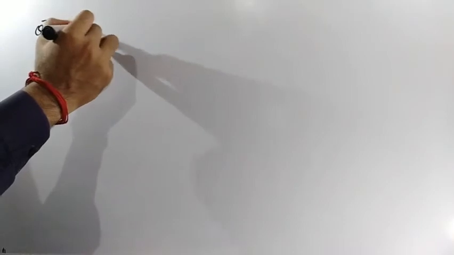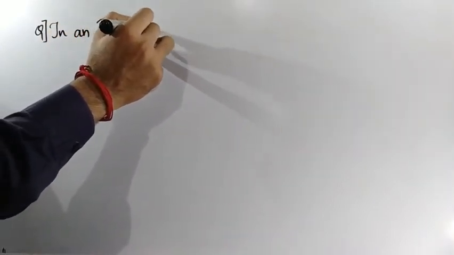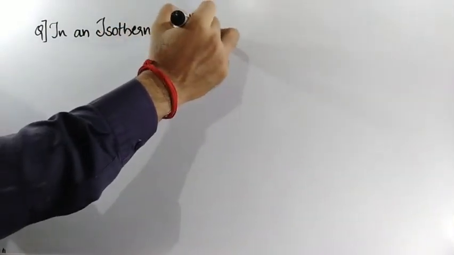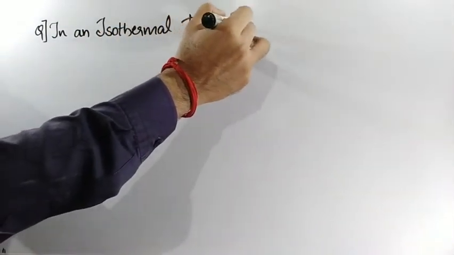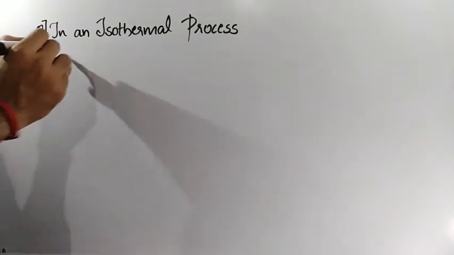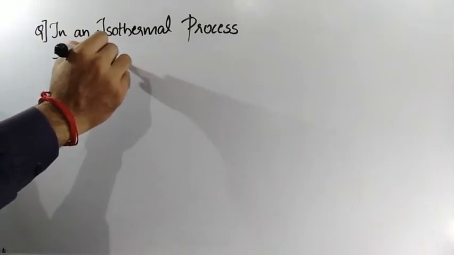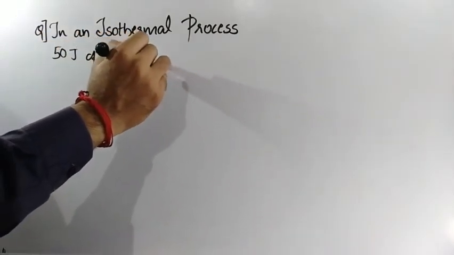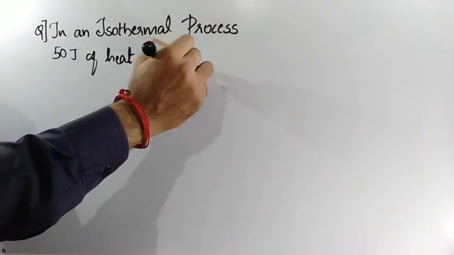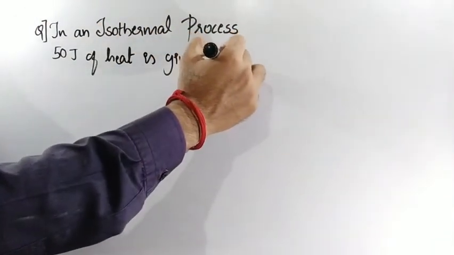In an isothermal process, 50 joules of heat is given to an ideal gas.